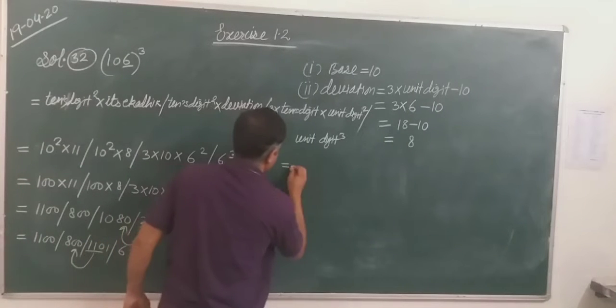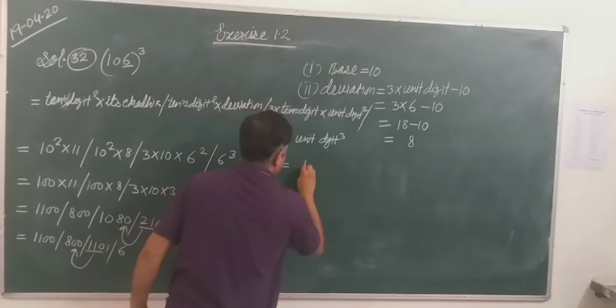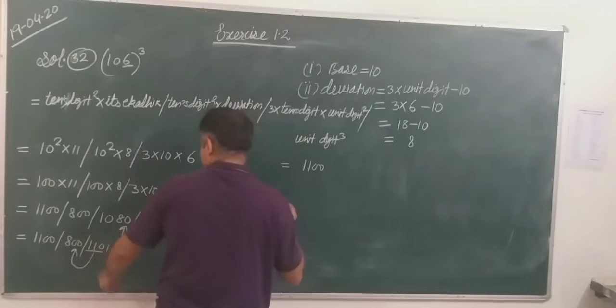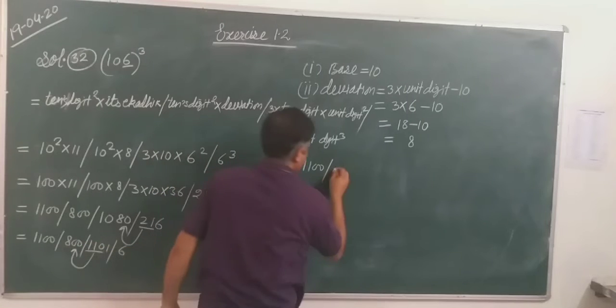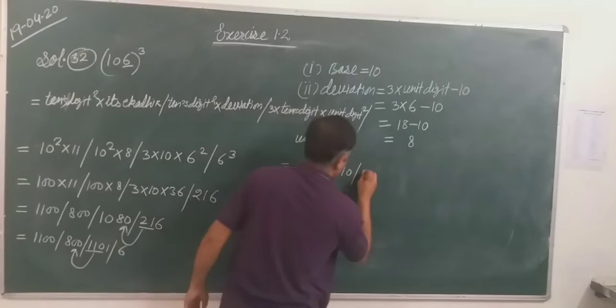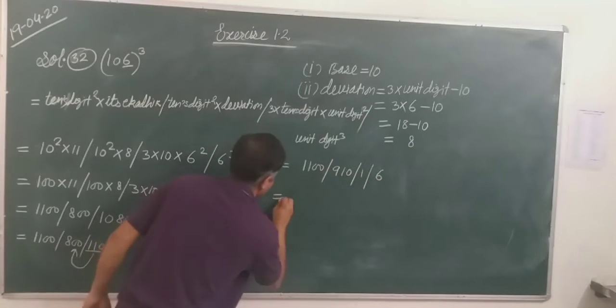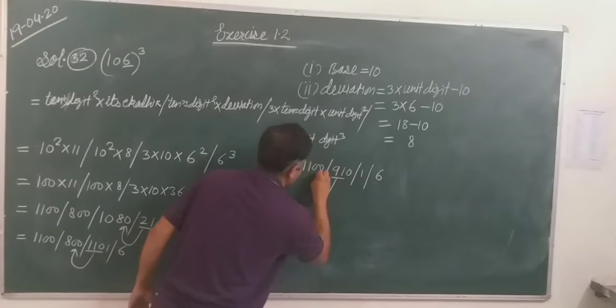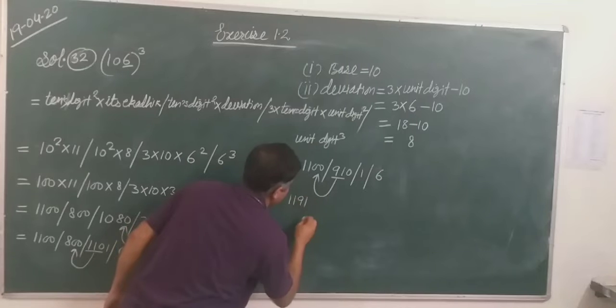Then from here, we can take 110. Then oblique. You will add 110 to 800. Then it is 910 and oblique again. Then 1. Then oblique 6. In the next, you will take this 91 to the next oblique. Then here 1191.